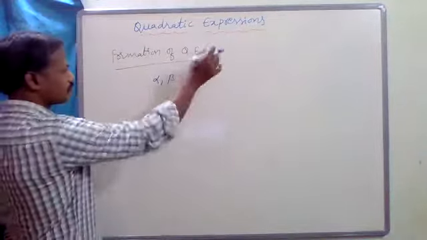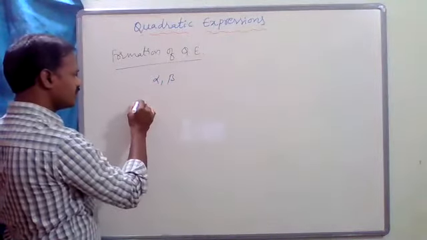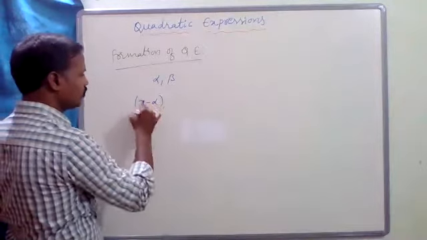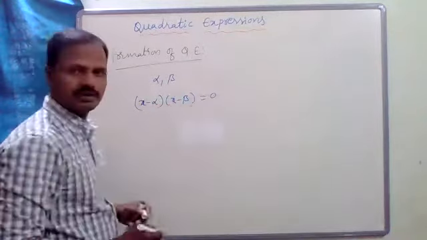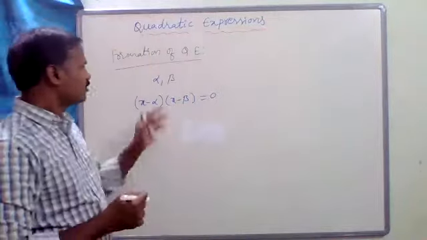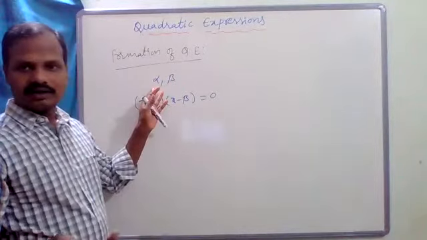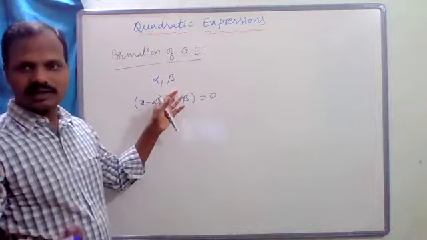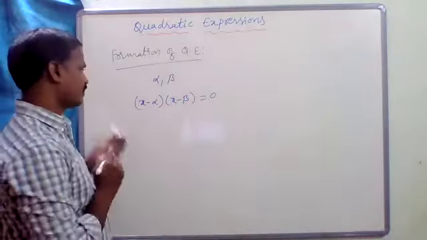Since alpha and beta are the roots, the quadratic equation is like this: x minus alpha into x minus beta equal to 0. Because alpha and beta are the roots, x minus alpha and x minus beta are factors of that quadratic equation.